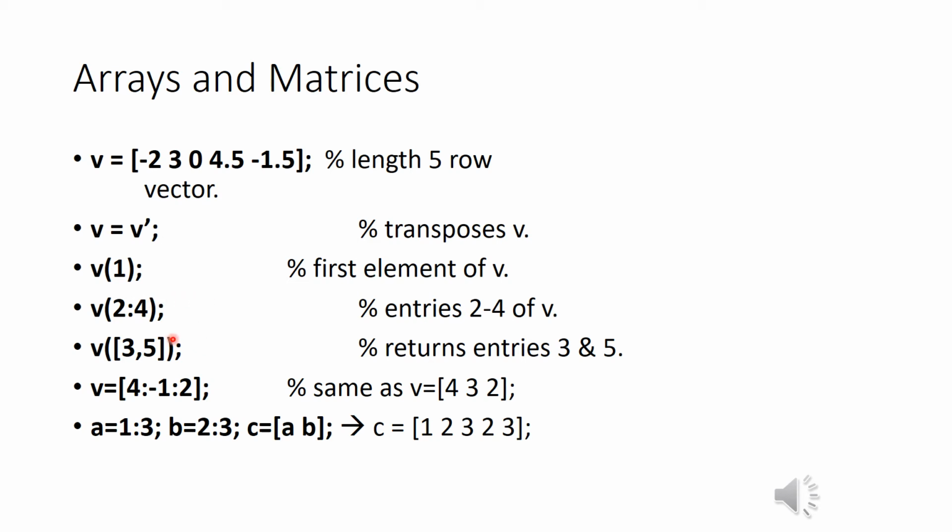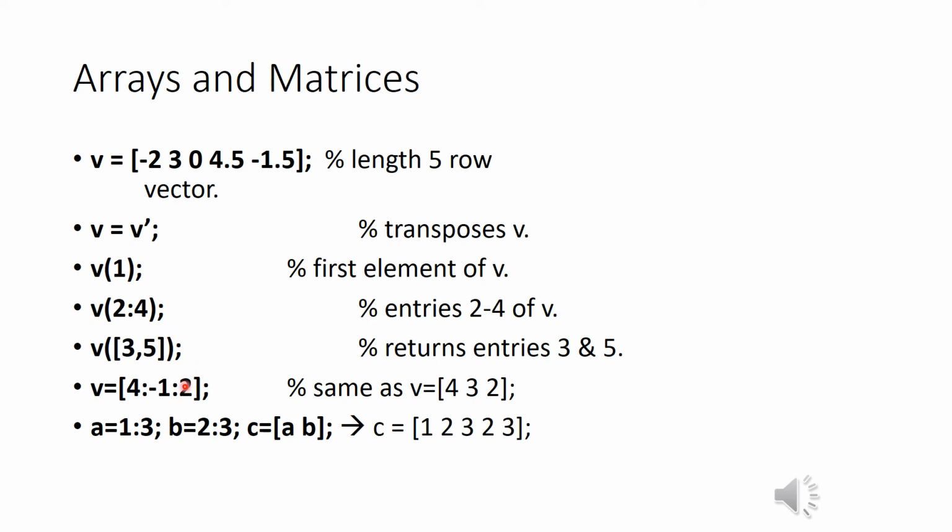If you write this statement like v(2:4), we read it as 2 to 4. So if in this example the values from 2 to 4 are 3, 0, 4.5, then it will return the entries 3, 0 and 4.5.